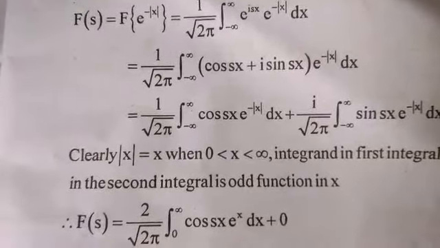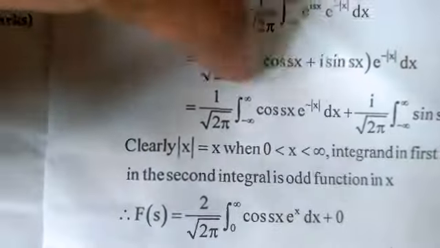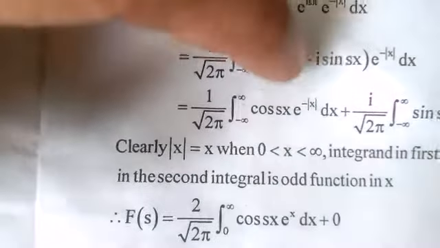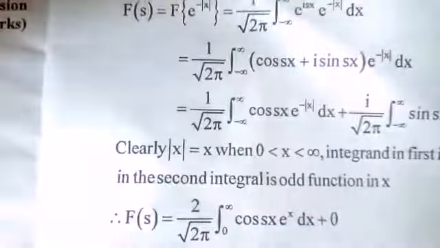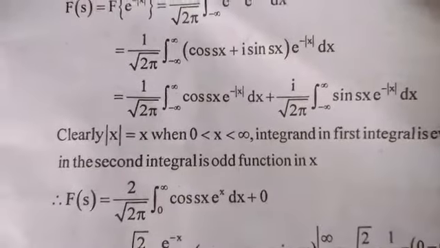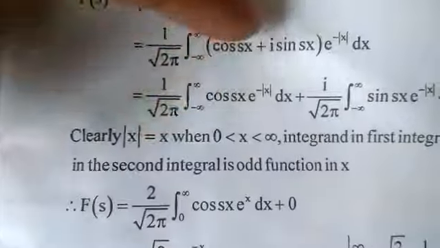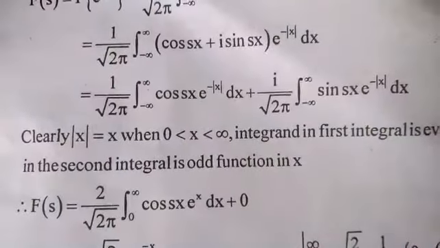Therefore, when we multiply this with the term, we get cos sx into e to the power of minus absolute x. Once we get that, the equation splits into two terms.